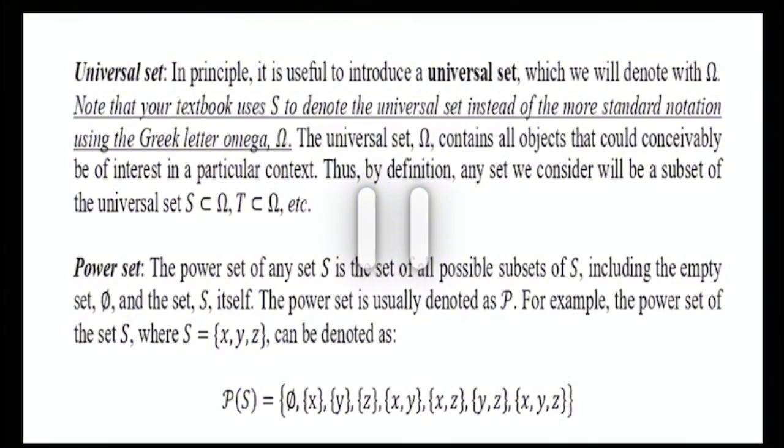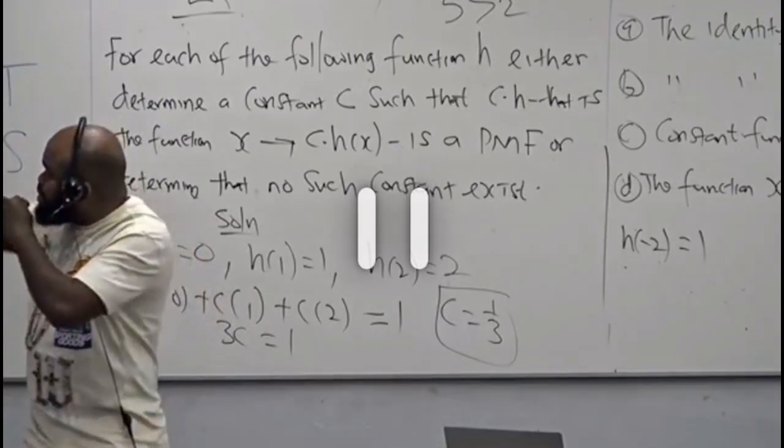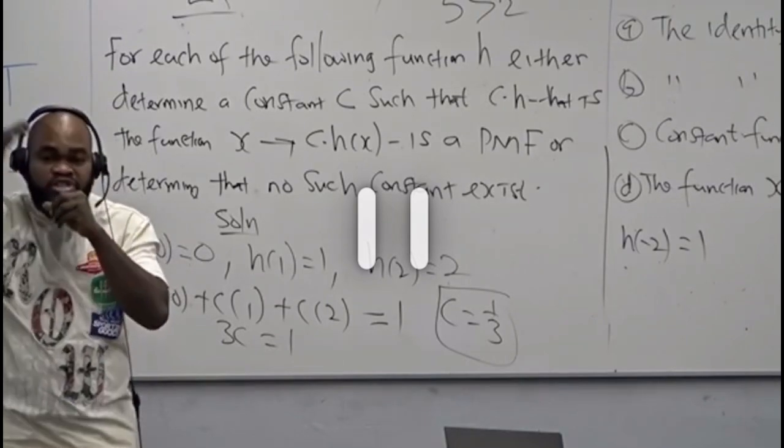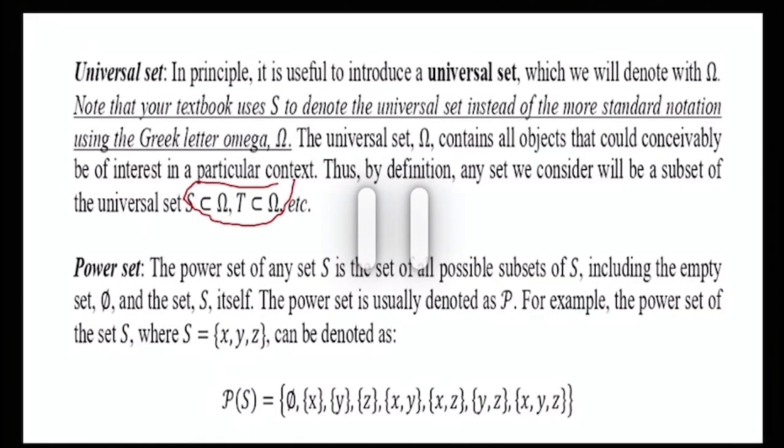S is a subset of omega. T is a subset of omega. I'm seeing S as this class. A subset of omega is the University of Minnesota. Then T, another class, is also a subset of the University of Minnesota. Now, do you understand that?